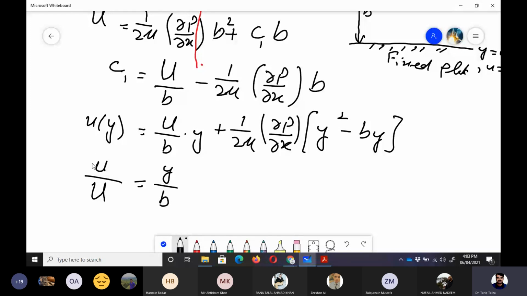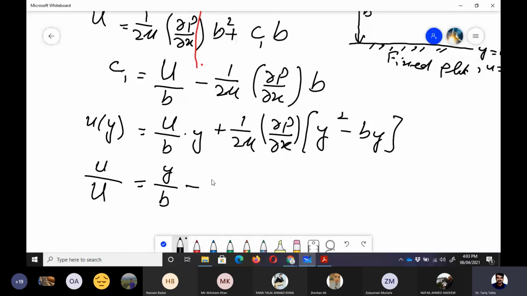So it's u upon U, that is non-dimensional, y upon b, that is also non-dimensional, and then here we can write it equal to, minus, now we want to write it by minus y square.